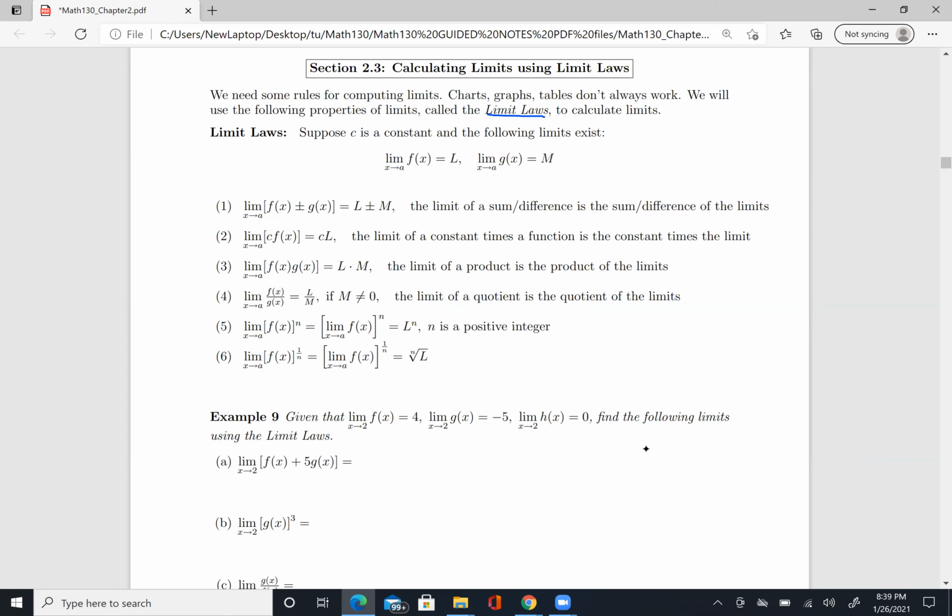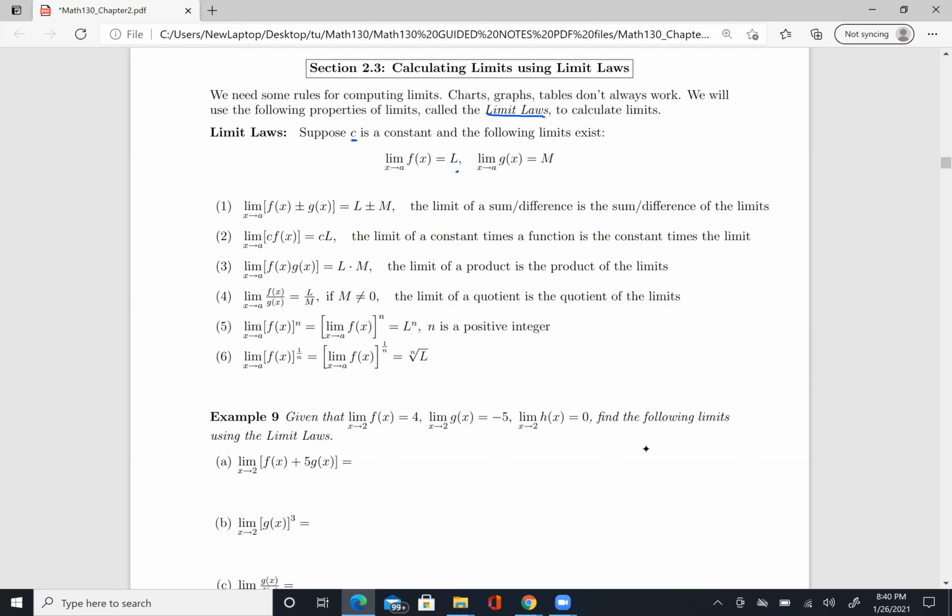Suppose c is a constant and the following limits exist: the limit of f(x) when x approaches a equals L, and the limit of g(x) when x approaches a equals m.